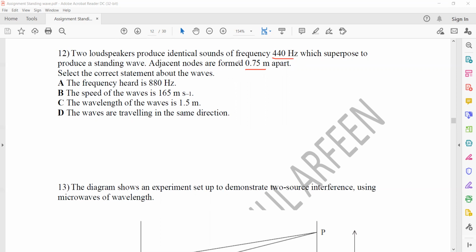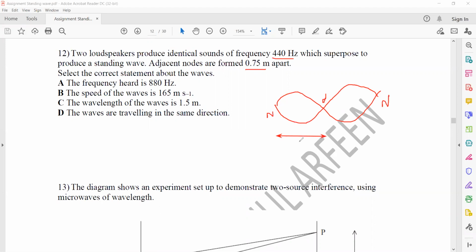So for the adjacent nodes, when it is forming a standing wave, this is node, node, and node. So the distance between adjacent nodes is known as lambda by 2.